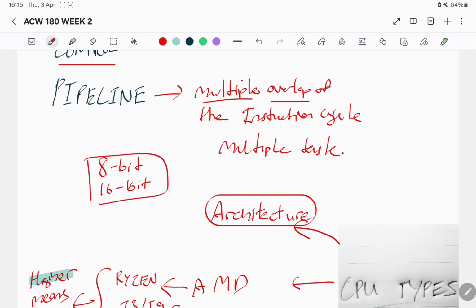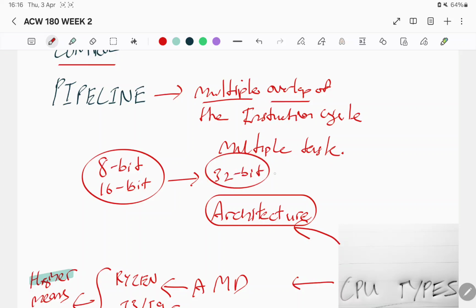This is the early processor, right? Then we got 32-bit, and now 64-bit.